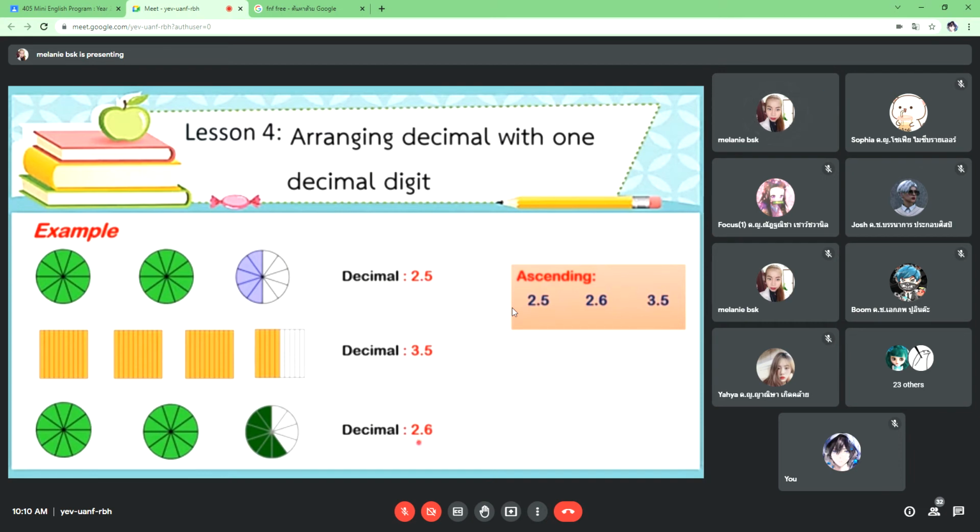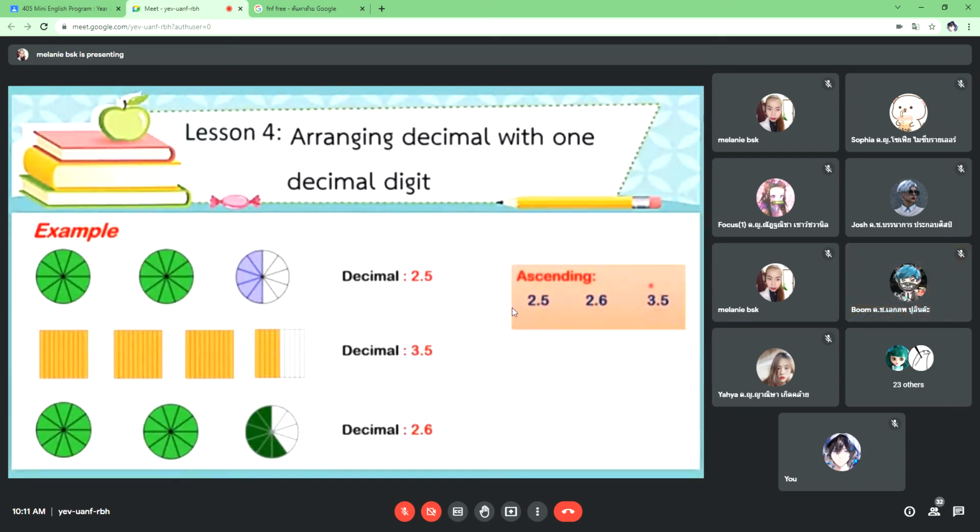But if they have the same number, you need to compare the second number. 5 and 6. So which one is bigger? Is it 6 or 5? Of course, 6. So the biggest number is 6. So it must be 5 and then 6.